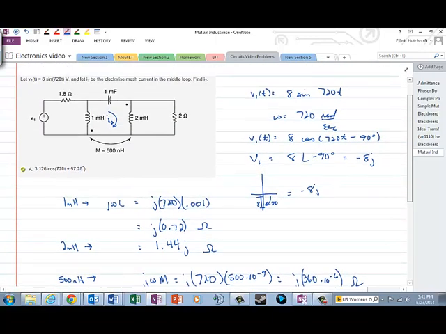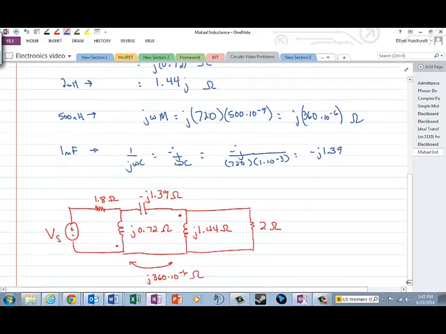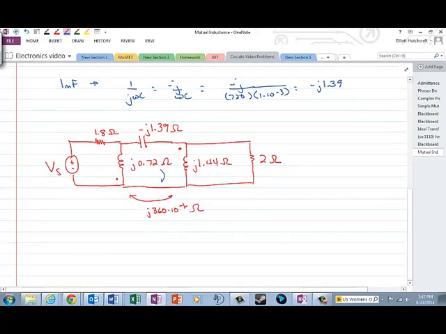I2 of t is what we were after, so we'll call this I2 in phasor form. Might as well have I1 in phasor form there, and I3 in phasor form over here.